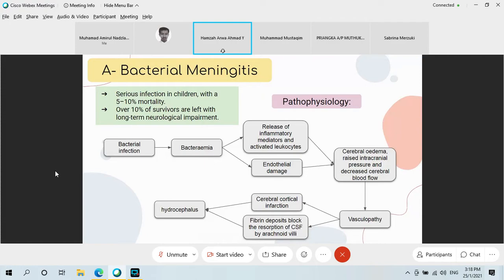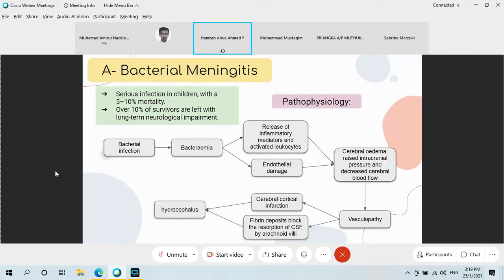The bacteria enter the blood vessels, cross the blood-brain barrier and cause infection, releasing inflammatory mediators and activating leukocytes, and also causing endothelial damage, resulting in cerebral edema, a rise in intracranial pressure, and decreased cerebral blood flow. That will lead to abnormality in the blood vessels.